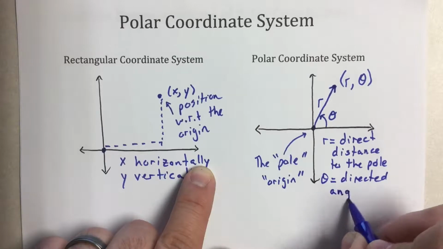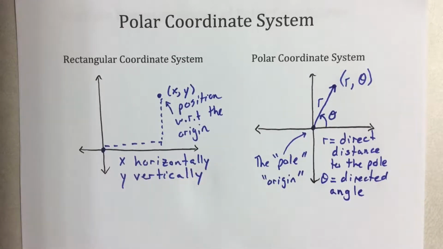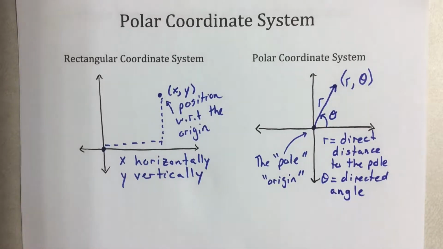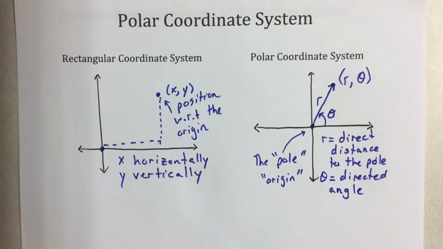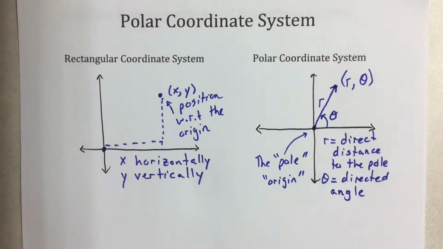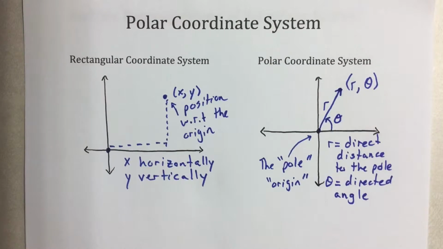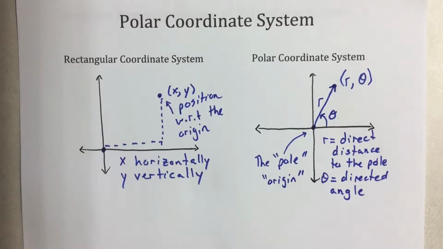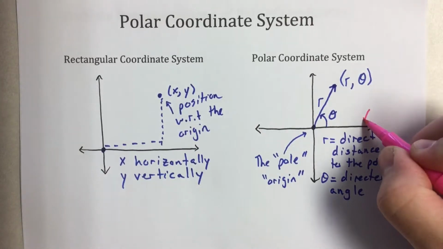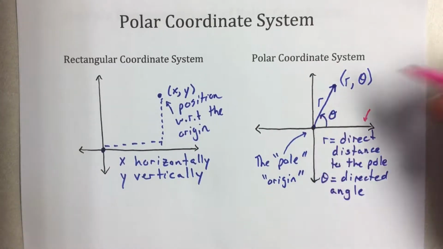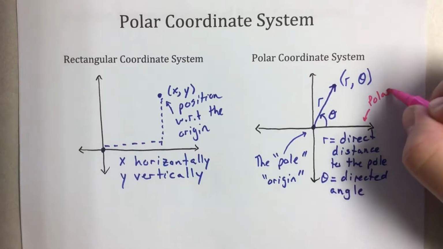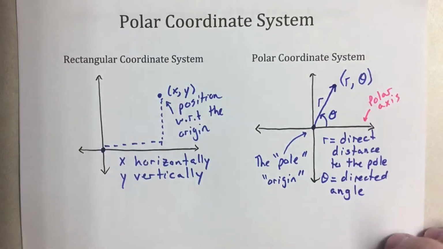As we just came from looking at vectors and parametric equations, we had direction angles. That's what we have here. The angles are always measured from what we call the polar axis, so that's this horizontal axis, the polar axis.